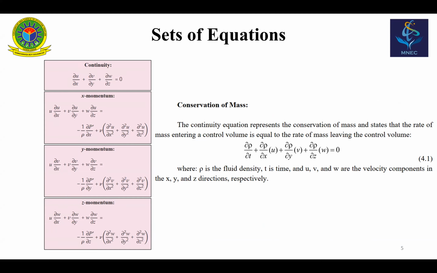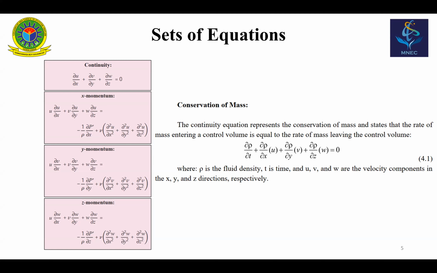Whenever we get the global properties and the integral properties of a computational fluid domain, we have a clear understanding of the thermal hydraulic parameters of that fuel subchannel. So to get those properties, we need to solve these sets of equations.